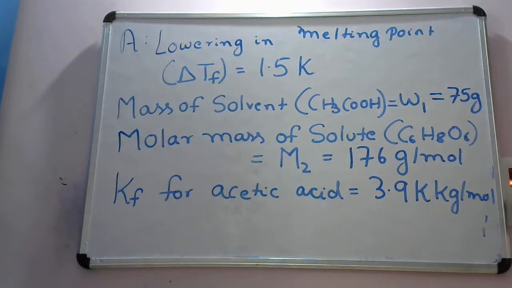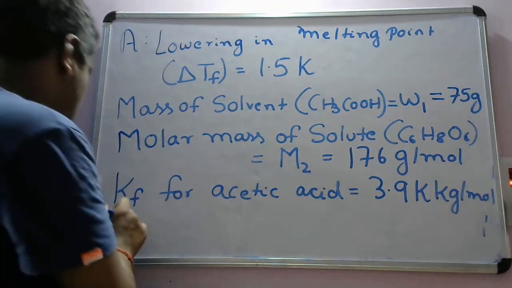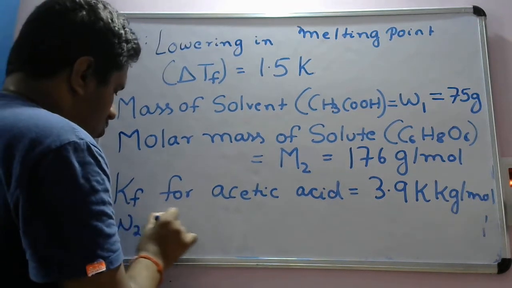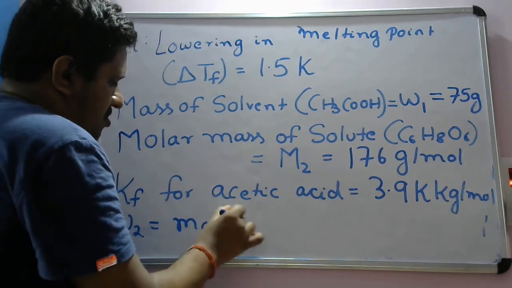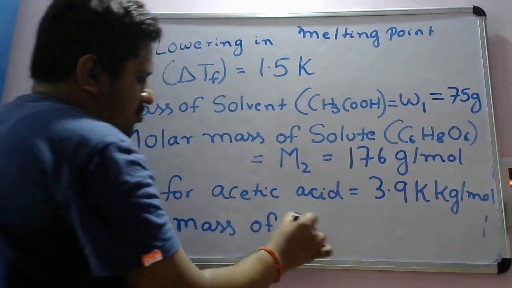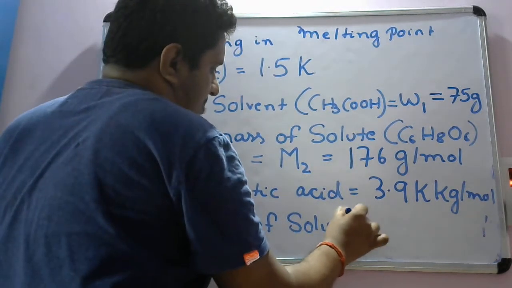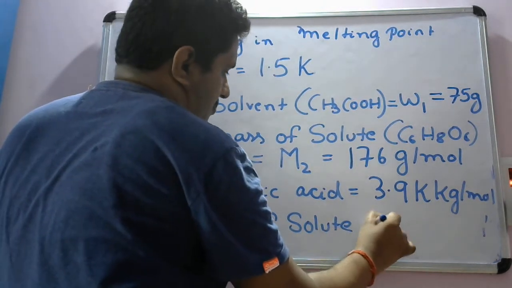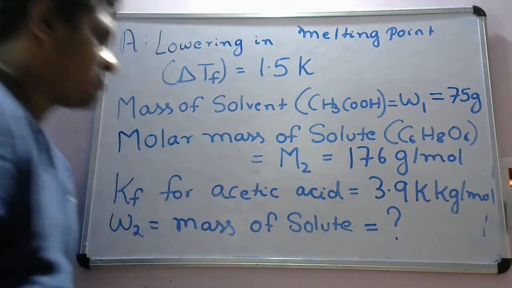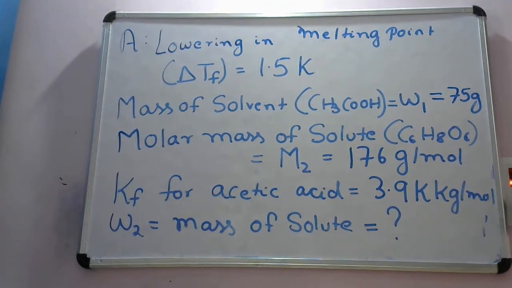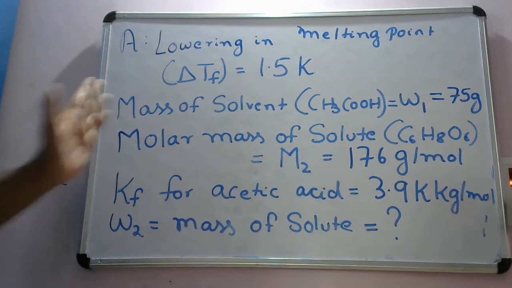Okay, so these are the data given to us. Now what we want to find is W2, that is the mass of solute, in this case ascorbic acid, which is unknown to us. So W2 we have to find. All other information we have.